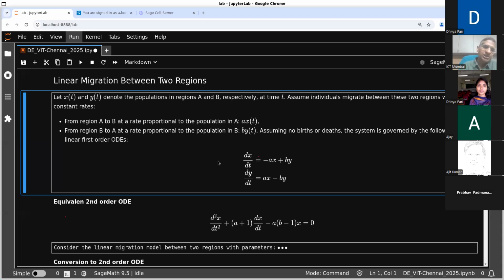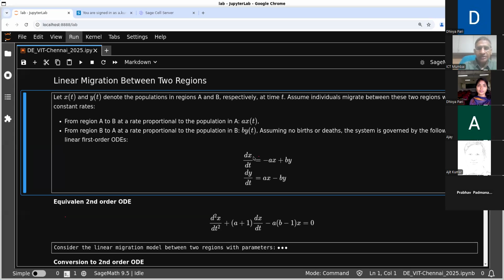For example, we always have population migration from one place to another place. Let us say, just consider two regions or two cities, A and B, where people migrate from A to B and vice versa. We can think of the population at time t as x(t), and the migration rate from A to B as a, and a and b are constants, and the migration rate from B to A is b, and the population of B at time t is y(t).